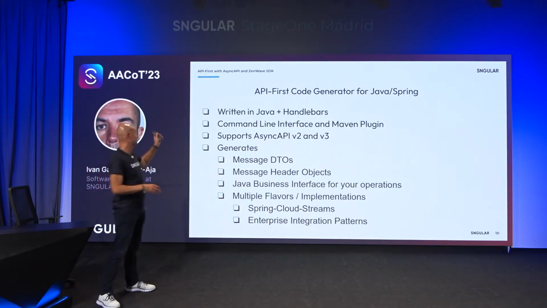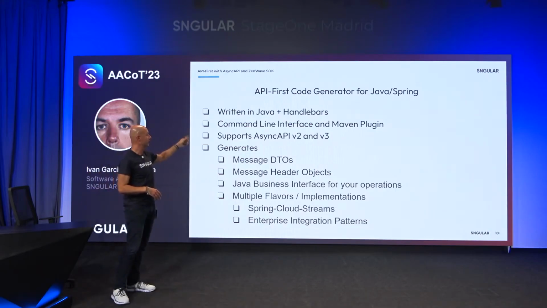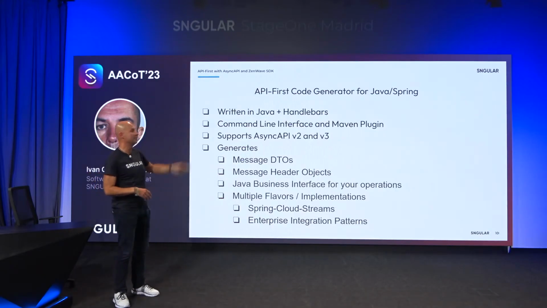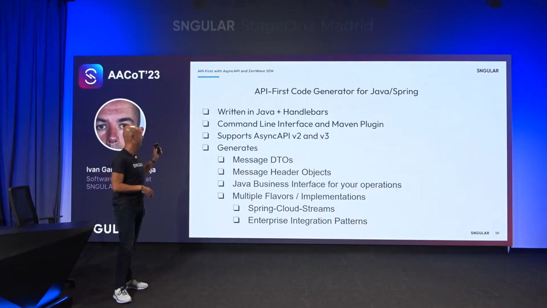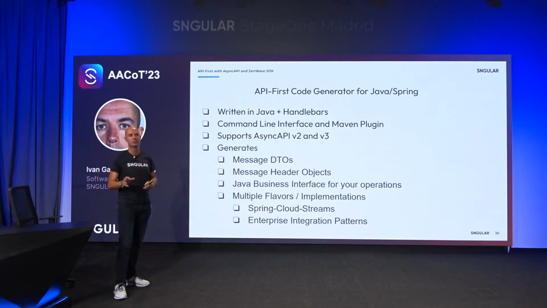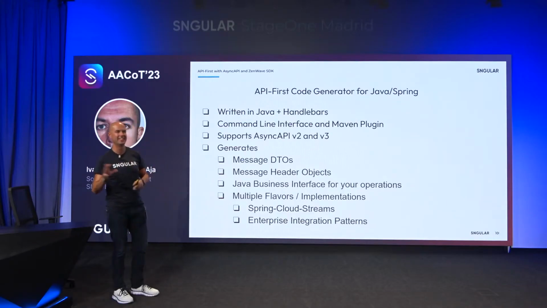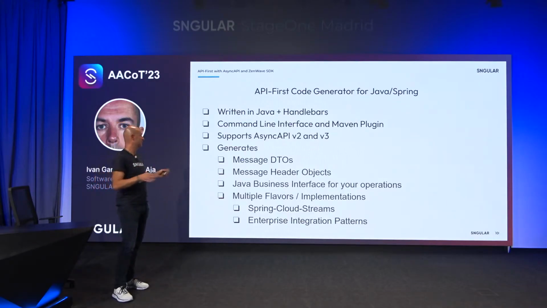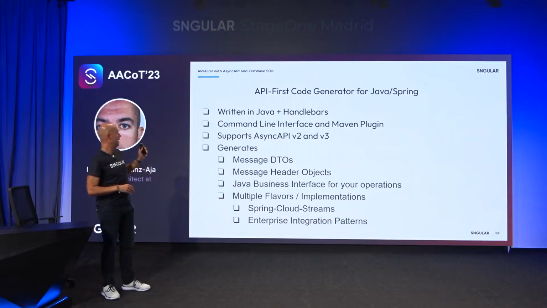So this is how it works. It's a code generator written in Java with Handlebars for the templates. It has a command line interface, but also a Maven plugin. It supports AsyncAPI version 2 and version 3. Actually, with version 3 there might be some small glitches because maybe I didn't understand the changes altogether, but it almost supports version 3 already.